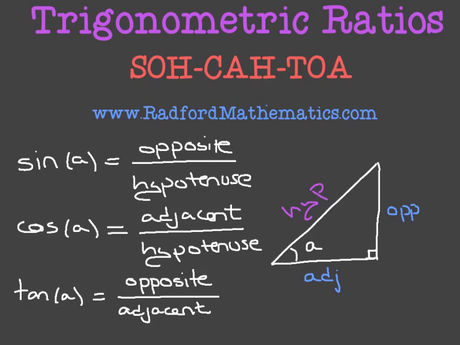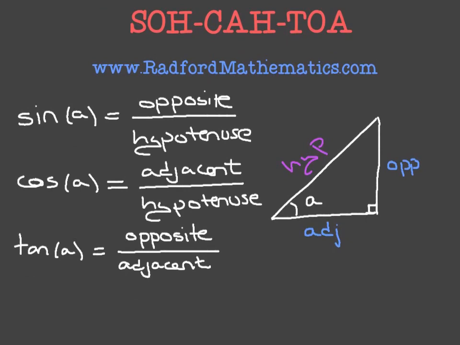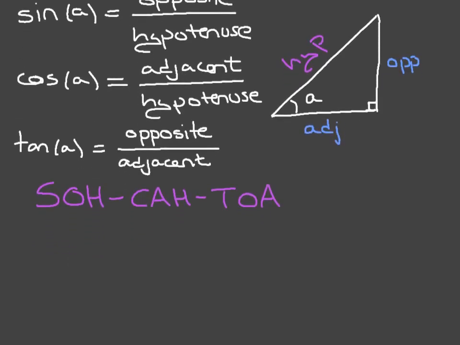Now, here's a nice little trick to memorize these. We're going to write the word Soh-Cah-Toa, which I'm writing here. S-O-H, Soh, Cah, C-A-H, Toa, T-O-A. And here's how this works.